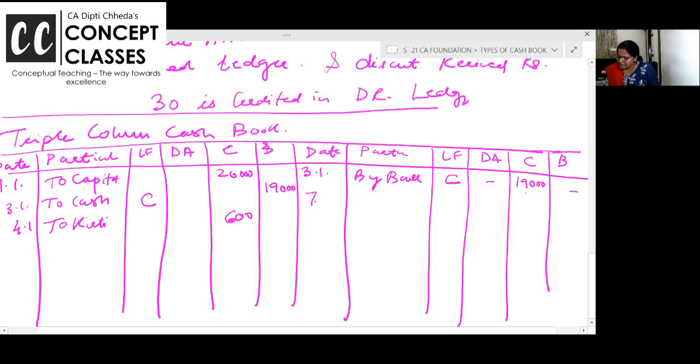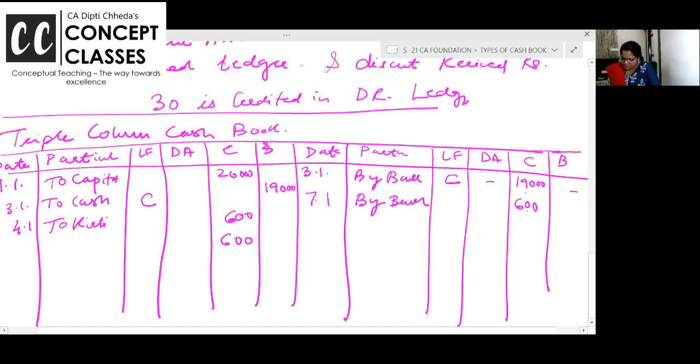And then 7th of January. See, this transaction is simple, but days are different. So we are recording. 7th of January, this check is deposited in the bank. So cash is credited. Cash is credited.